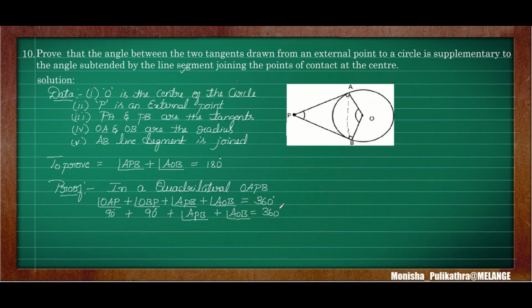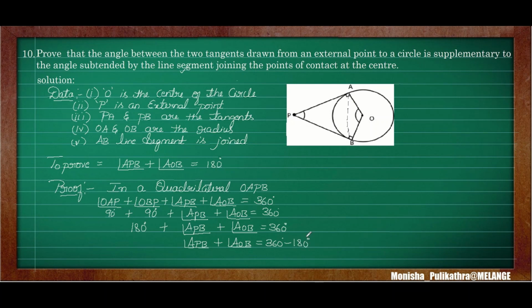So 360. In the next step, 90 plus 90 is 180 degree plus APB plus AOB is equal to 360 degree. In the next step, I will be shifting 180 to the right hand side. So APB plus AOB is equal to 360 degree minus 180 degree.